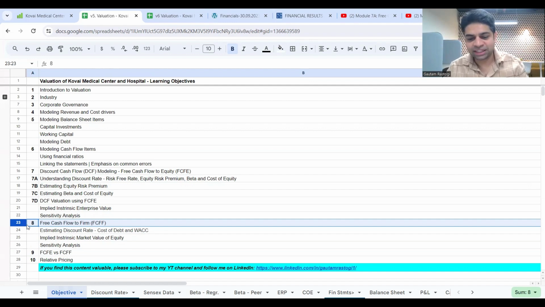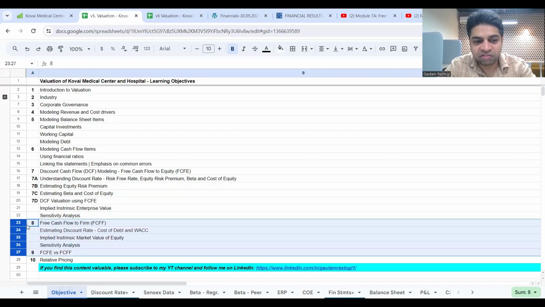In fact, a lot of people say that if a company has debt, then use free cash flow to the firm. The next module would really be interesting, because you would realize the difference between free cash flow to equity and free cash flow to the firm method of valuation.